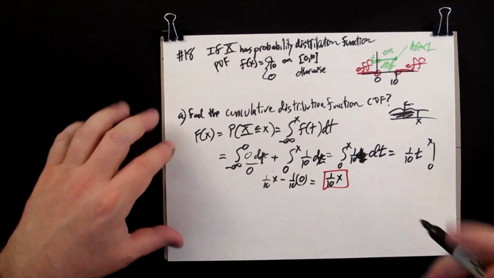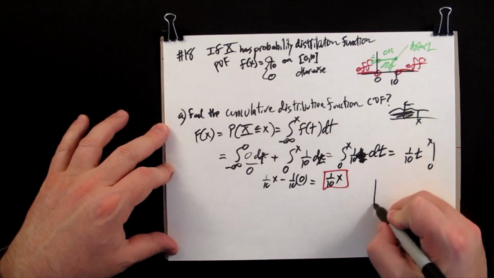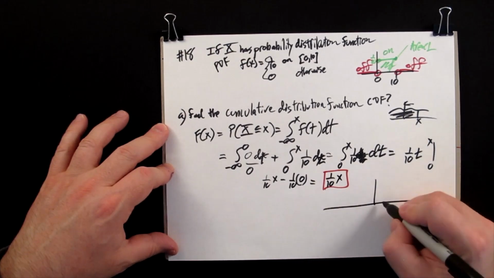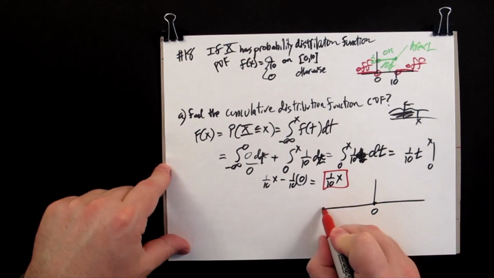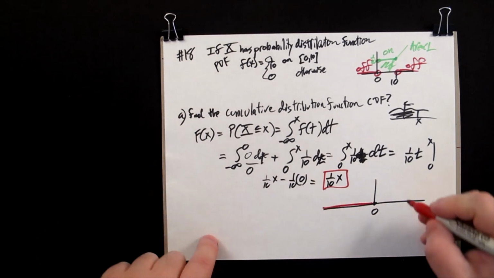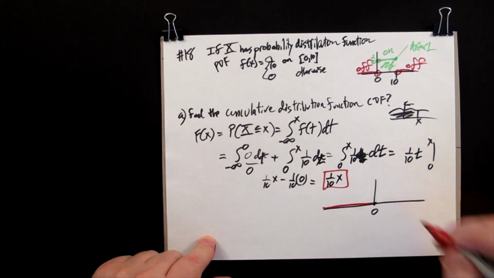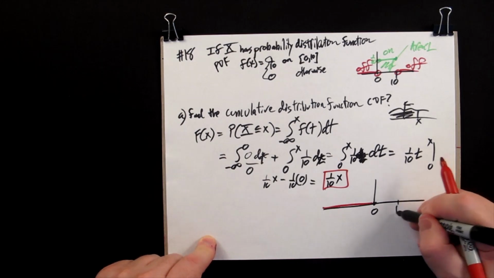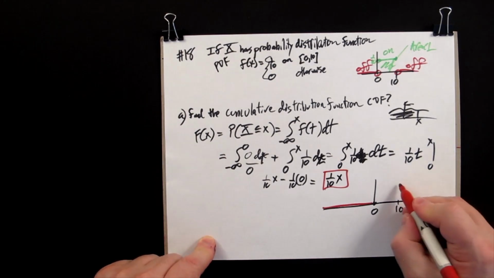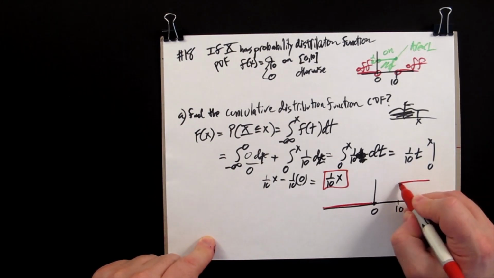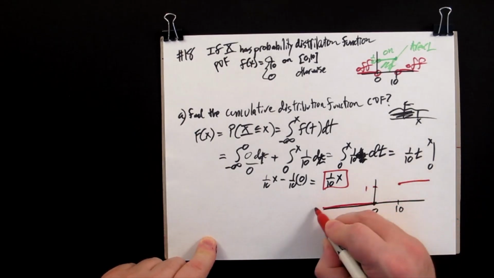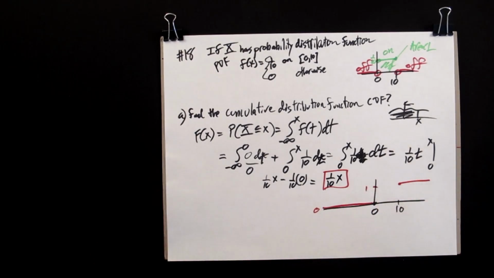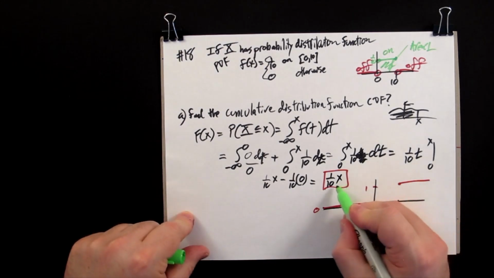So if we graph this, again, we know that from 0 and at 10, sorry for this one, our function is going to be 0 here, and then 1 up there, and then in the middle, it's this formula here.